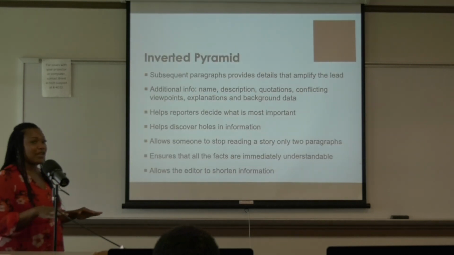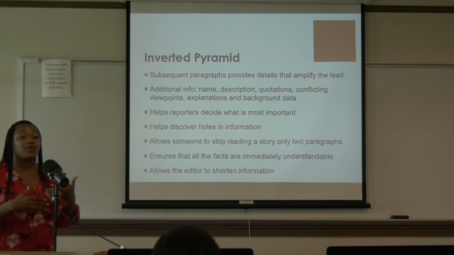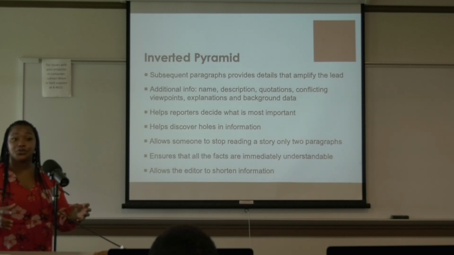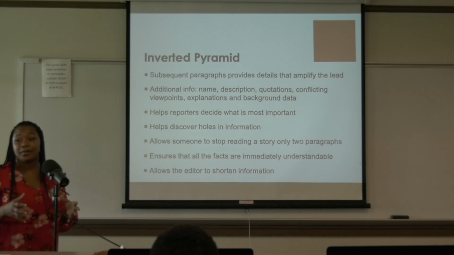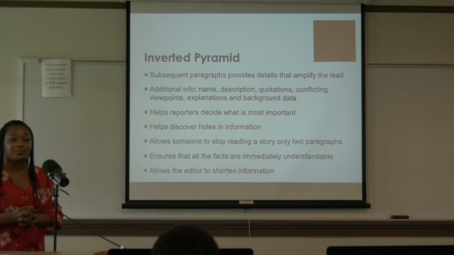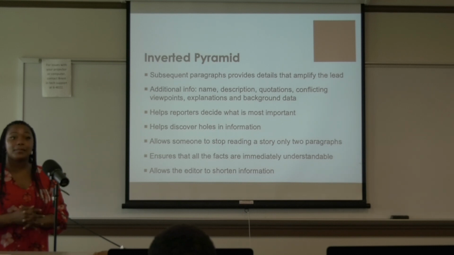Now, I know we talked about the inverted pyramid, but let's revisit it. The inverted pyramid, as we've already talked about, is a formal convention that journalists use to write a basic news story, especially a basic hard news story. And why do we write in the inverted pyramid style? Why would we flip the pyramid upside down?